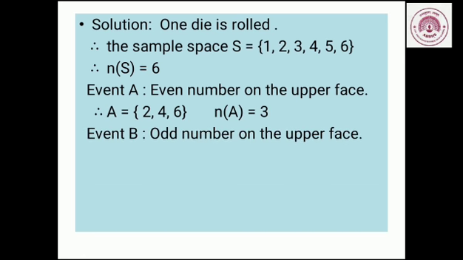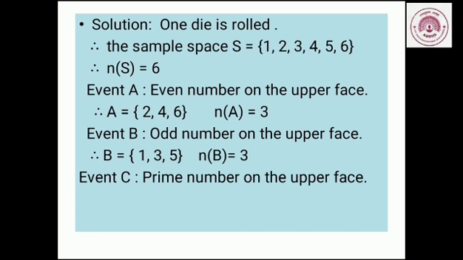Now, event B is odd number on the upper face. Again, in the sample space, how many numbers are odd numbers? The numbers are 1, 3 and 5. Therefore, B is equal to {1, 3, 5}, and n(B) is equal to 3.